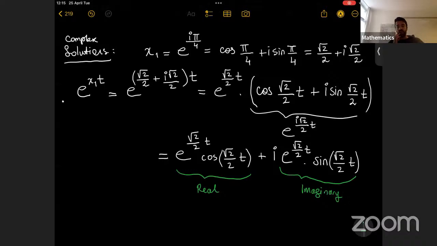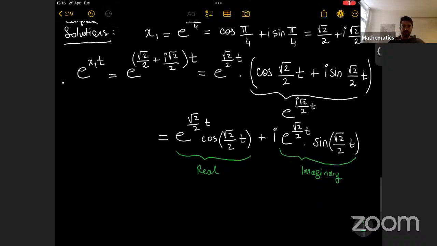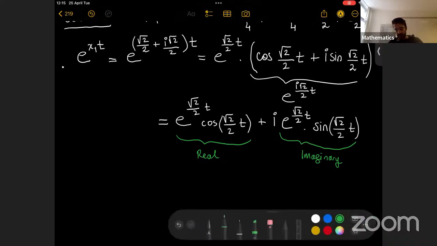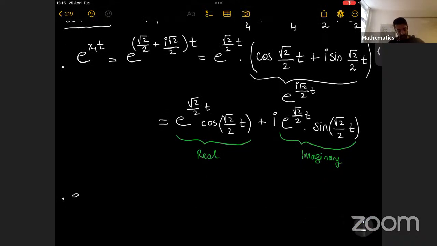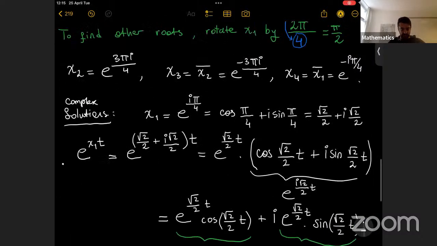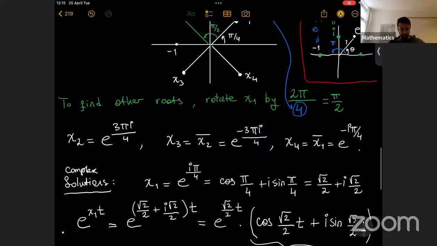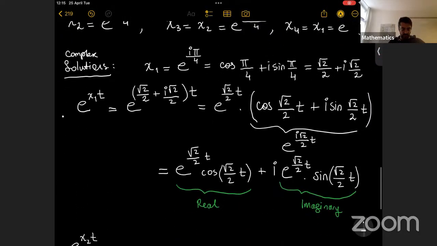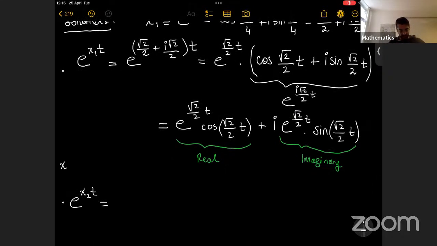And they are both solutions, right? Real and imaginary parts are also solutions. So from one complex solution, you get two real solutions, okay? And you do the same thing with the other root, lambda 2. e to the lambda 2 t. Remember, lambda 2 is e to the 3 pi i over 4, which is cosine 3 pi over 4.